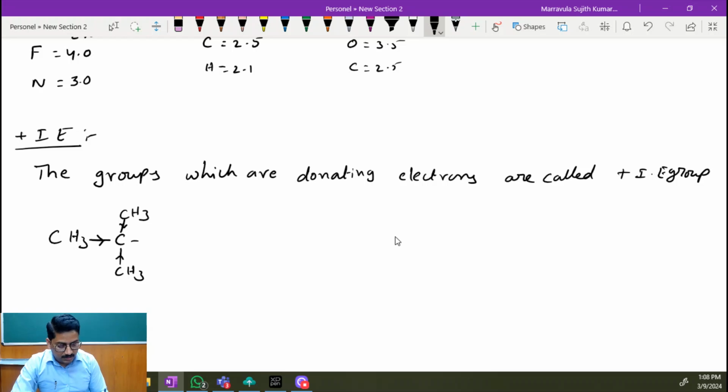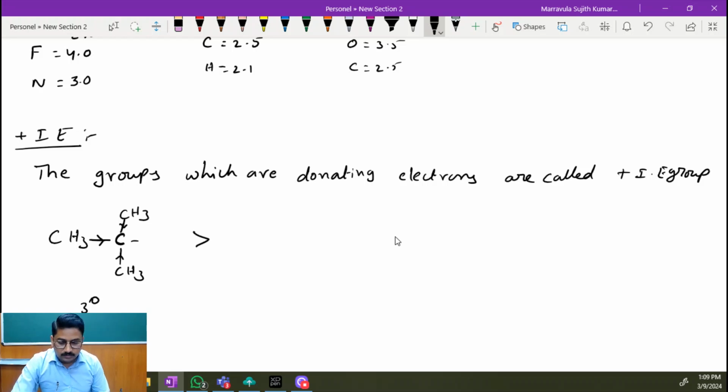Here this is a tertiary carbon, and you can take, for example, hydrogen here. So this is nothing but tertiary carbon, or secondary it will come. This is tertiary carbon, my students, and here three electron-giving groups are there.